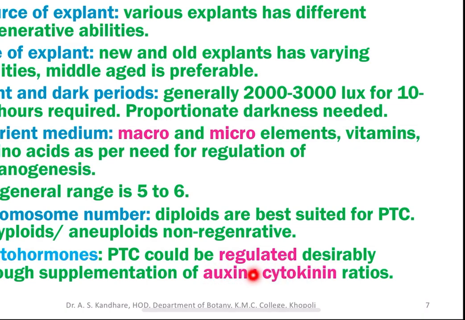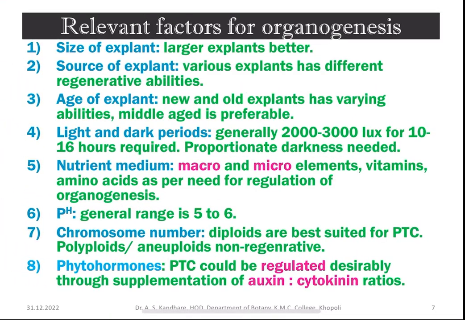So accordingly you have to maintain this ratio, auxin cytokinin ratio, because auxin supports formation of rooting and cytokinin supports the shooting, and the ratio is very very important in order to balance and in order to navigate the process of PTC, plant tissue culture.